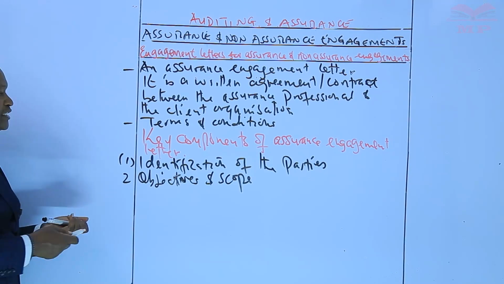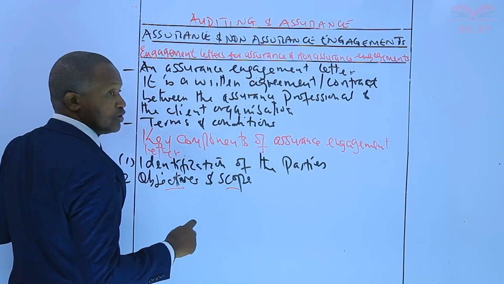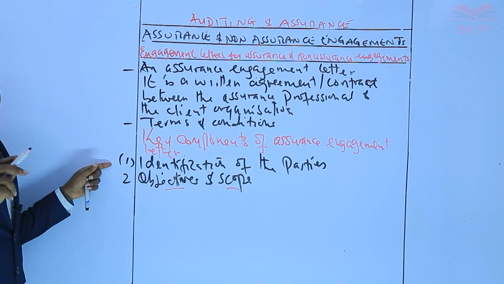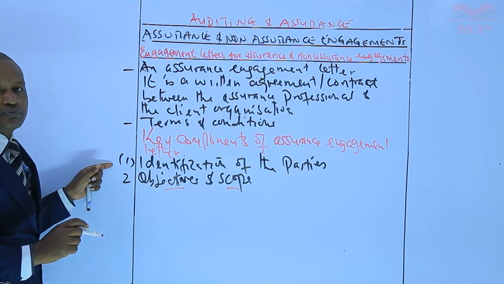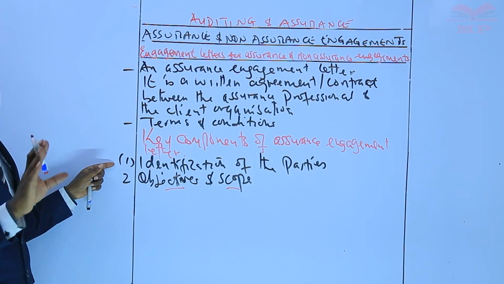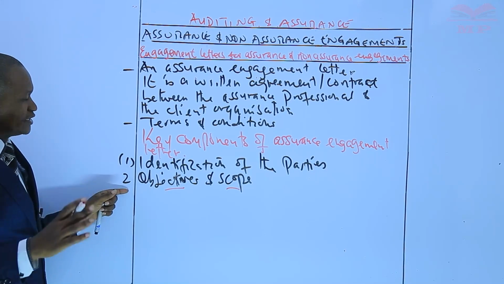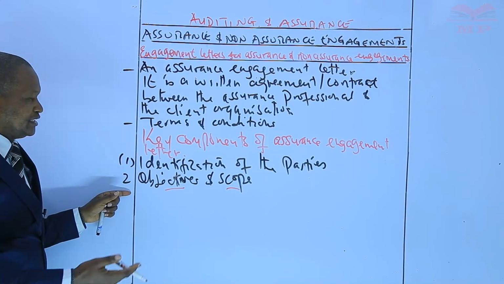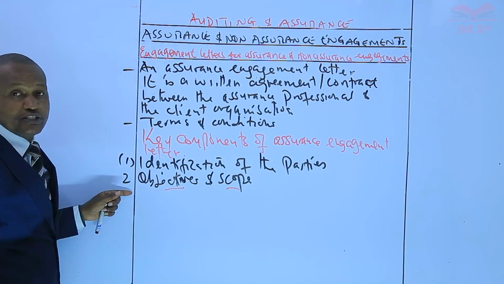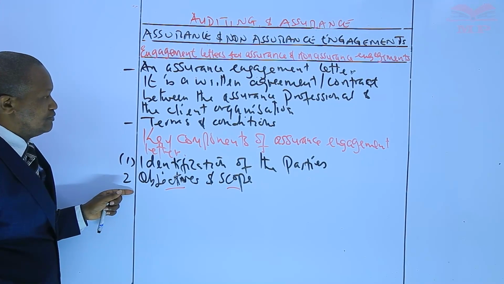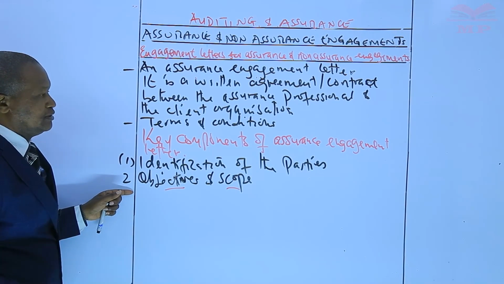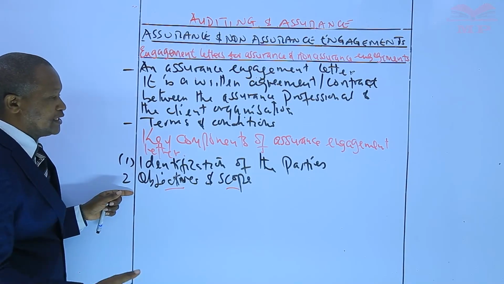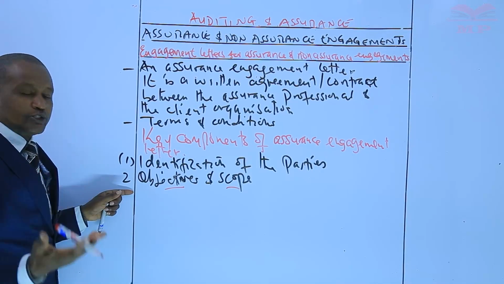Objectives and scope. These are two things. The purpose and objectives of the assurance engagement. This section must specify what is the subject matter. Is it the financial statements that will be the subject matter, or what will it be?